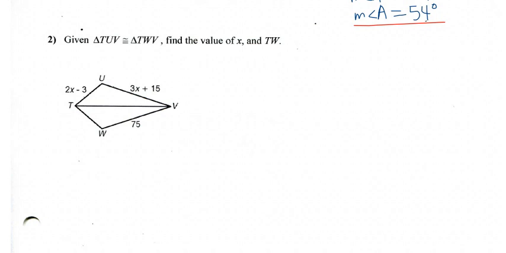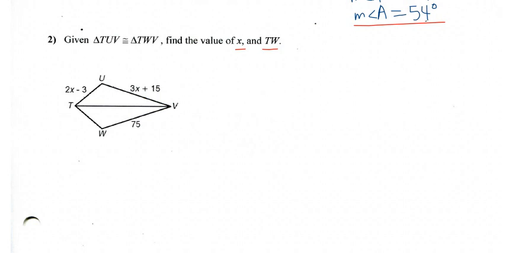Remember that when we have only 2 letters like this, it means the length of segment TW. So we're trying to find the value of x and the length of segment TW.